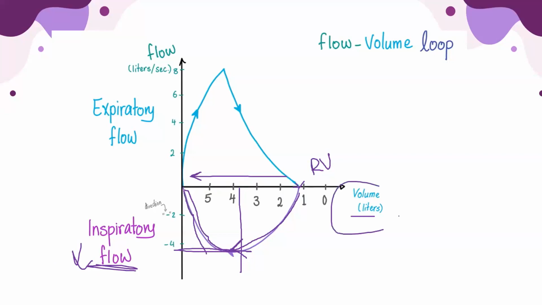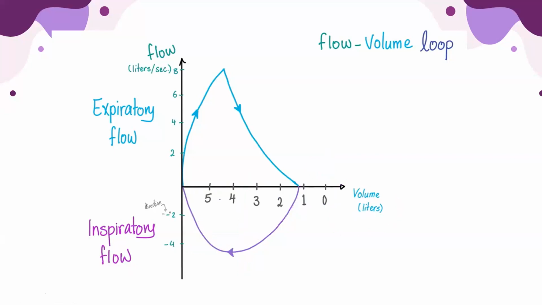But the volume is still increasing in this graph because you're still inhaling air. The amount of air going through your airway per unit time is decreasing, but you're still inhaling air, so the volume continues to increase.